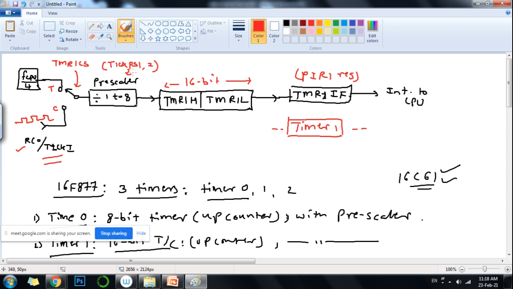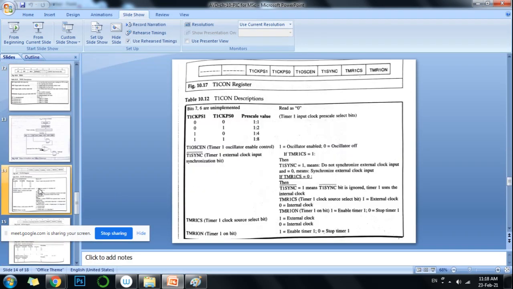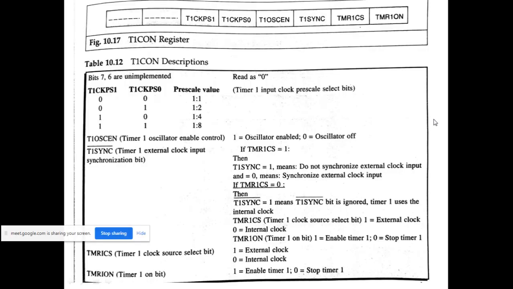These bits are in the timer 1 control register, T1CON register. Let us see that register, timer 1 control register. A separate control register is provided for controlling the timer 1 operation.